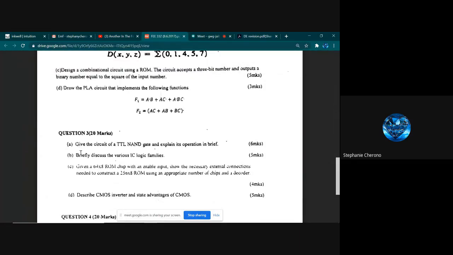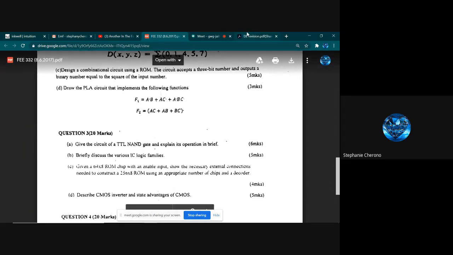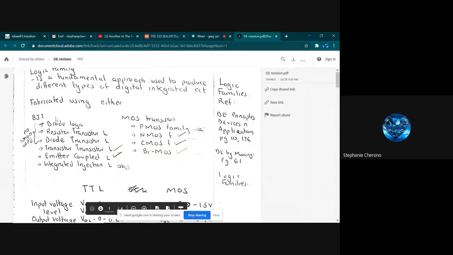So briefly discuss the various IC logic families, and there are several logic families. I think I noted them down. There are so many, and some are fabricated based on BJT, and the other category are MOS transistors.